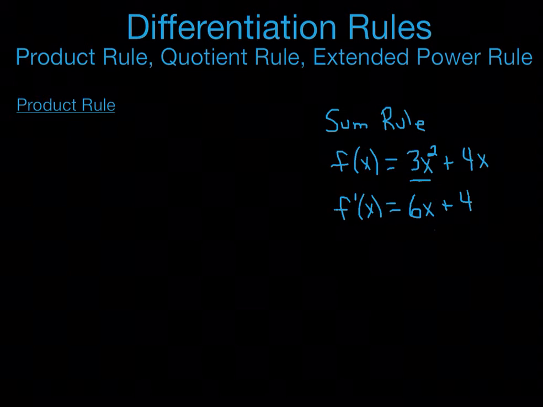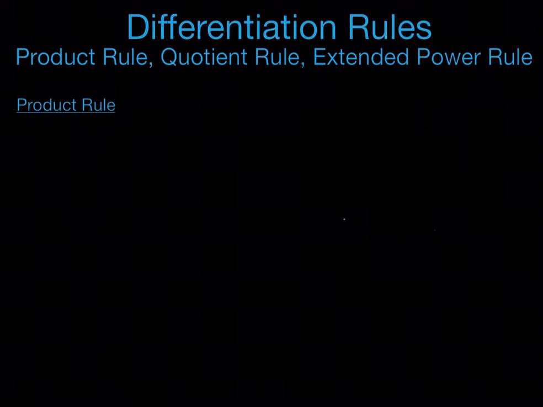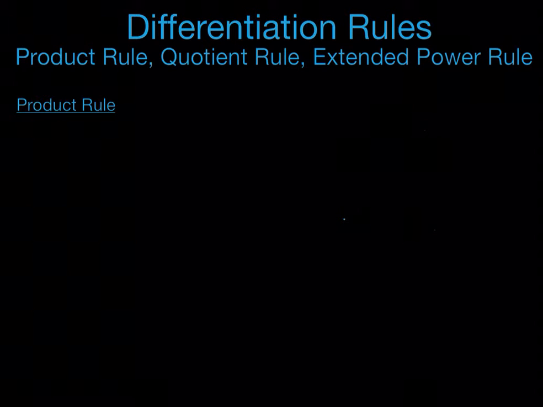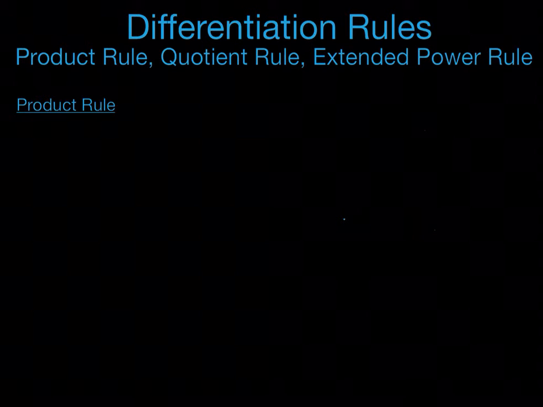Unfortunately, the product rule is not so simple, where you just take the derivative of the first and then multiply it by the derivative of the second. It doesn't work that way. So let's take a look at what the product rule states.